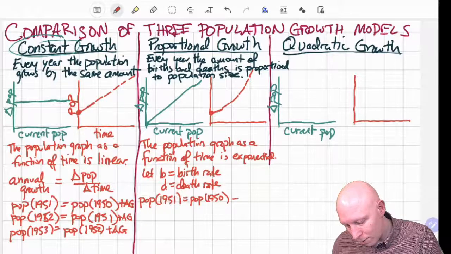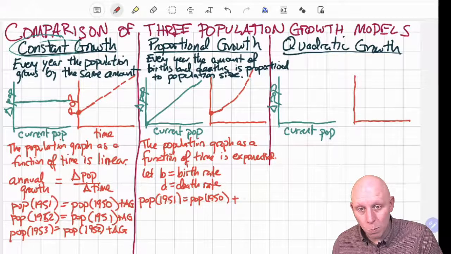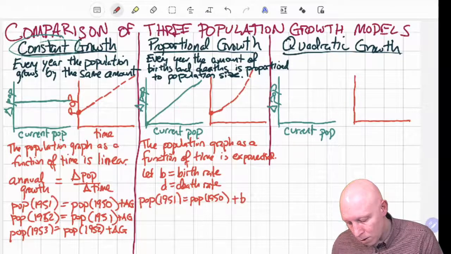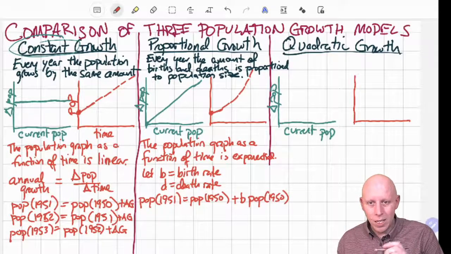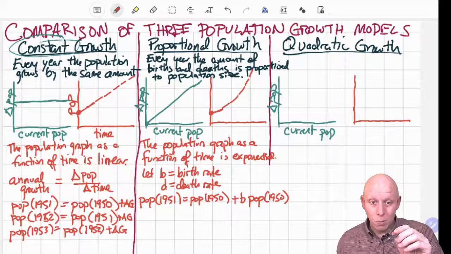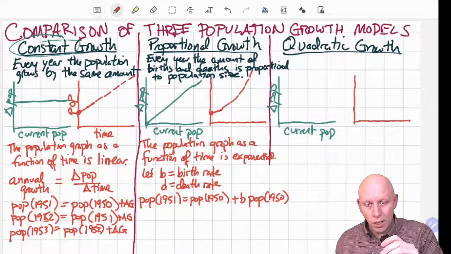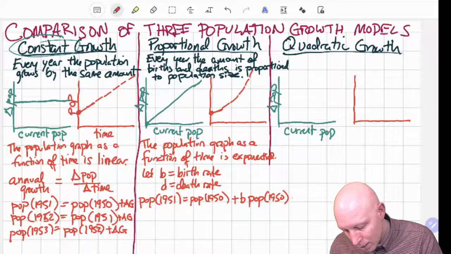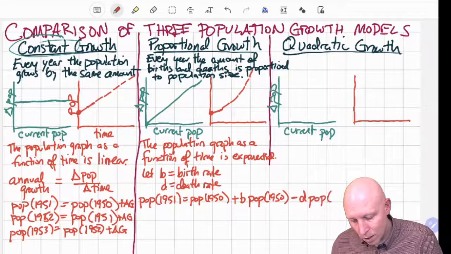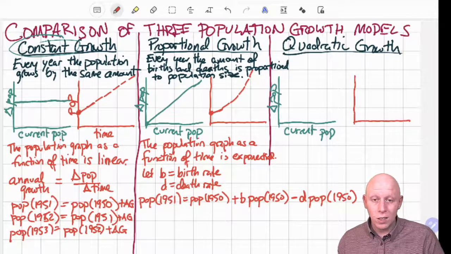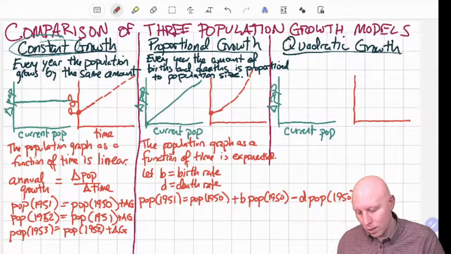So population 1950, we add the number of births. The number of births is equal to b times the population at 1950. We take the current number of people and multiply by this factor of the birth rate. And then we have to subtract off the number of people who die, and that again is also a multiplicative factor of the current population.